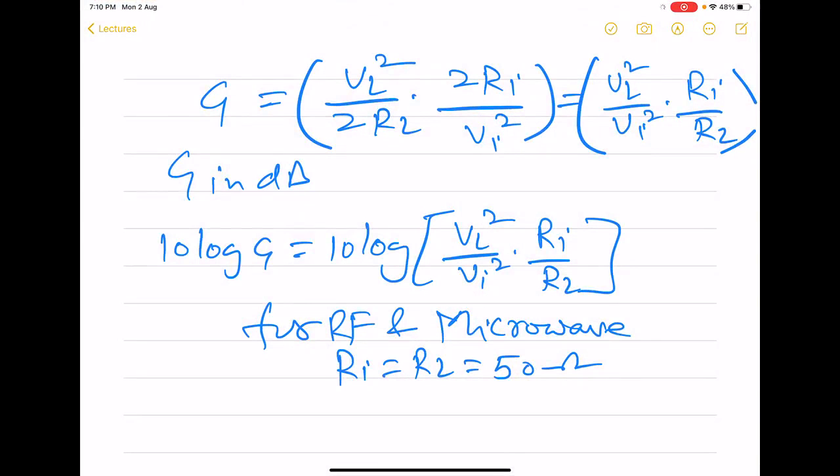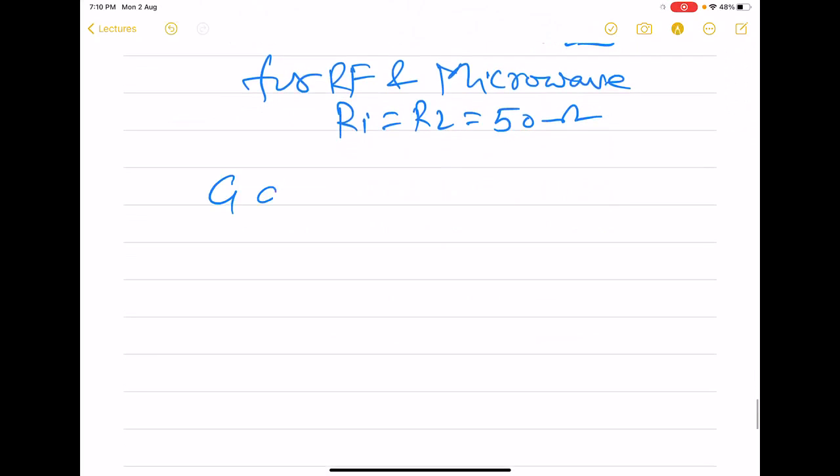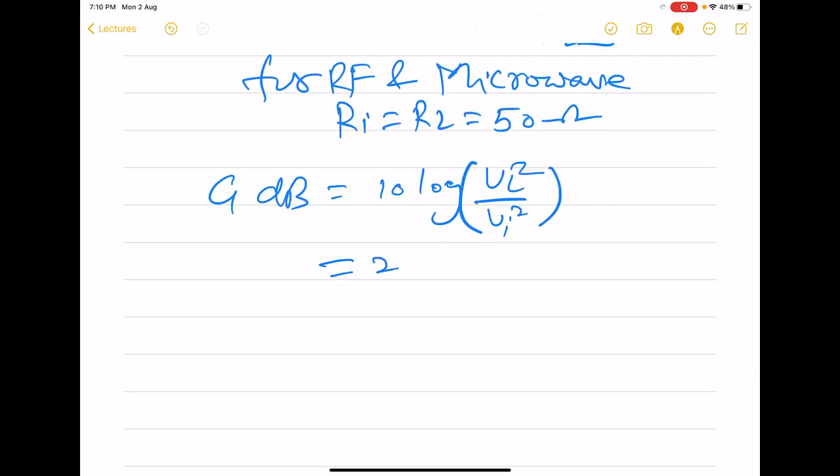So this G in dB becomes equal to 10 log VL by VI whole square, and this becomes 20 log VL by VI.